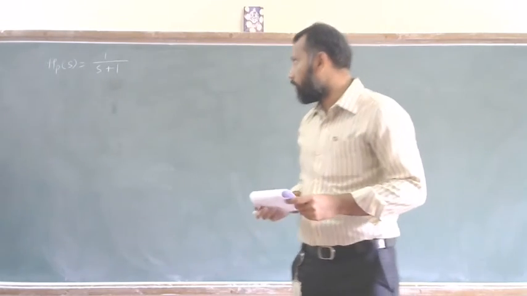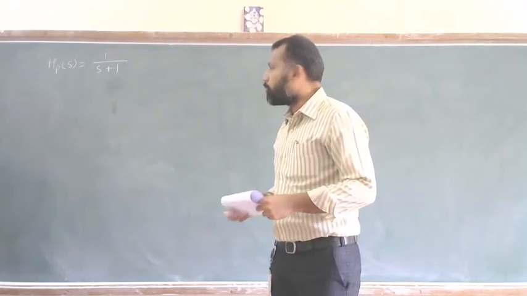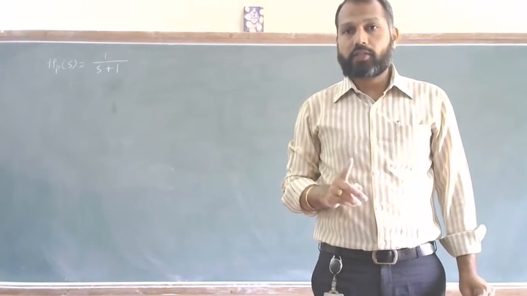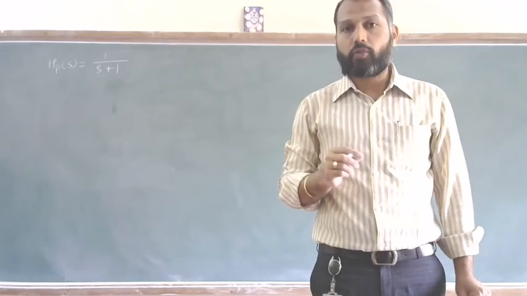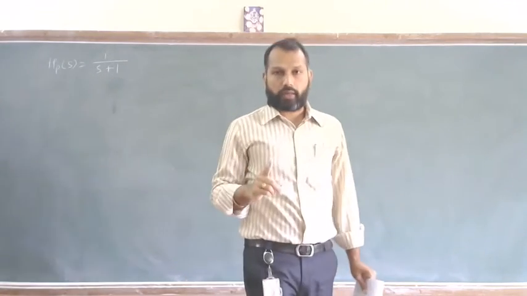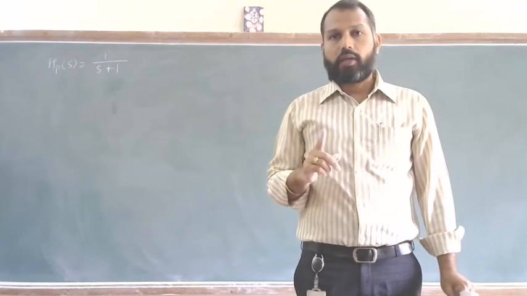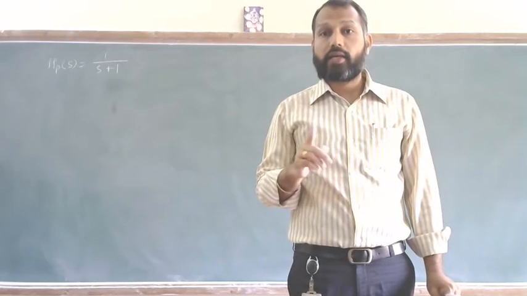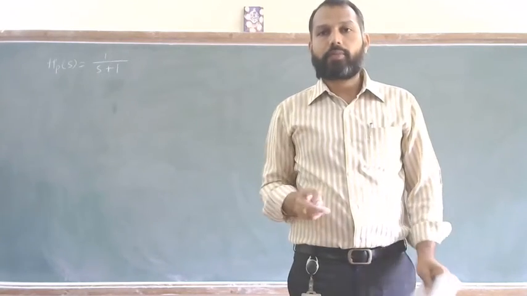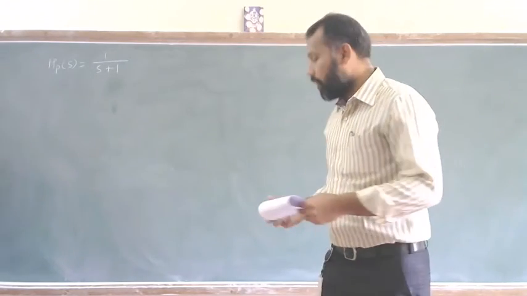This is a first order system function in the Laplace transform or s domain, because the highest power of s in the denominator is 1, so it is the system function of the first order low pass prototype filter.